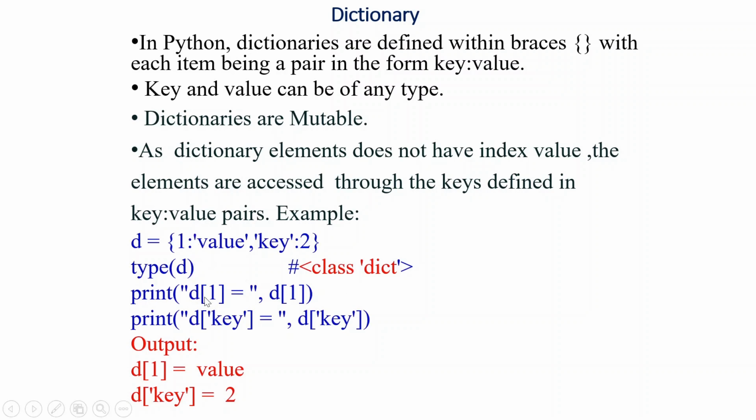So suppose I'm giving here D of 1, 1 is your key. So it will print the value of D of 1. And then if I want to access D of key, it will print the value of 2. So it will print D of 1 is equal to value, because the key is 1 and the value for this one is a string. So D of 1 is equal to value and D of key is equal to 2. It will be printed on the screen.